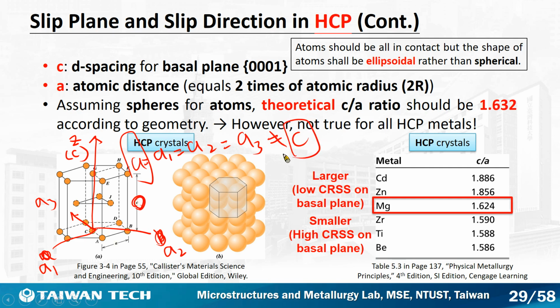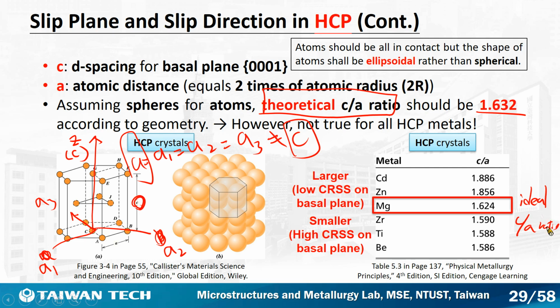This is a ratio. And then if we assume the atom is a sphere, then we will have a theoretical C over A ratio. This is 1.632. You can see here, for magnesium, it's around 1.624. So it's the ideal C over A ratio.